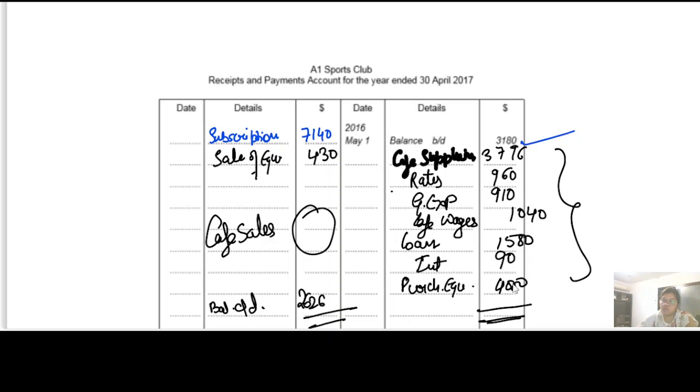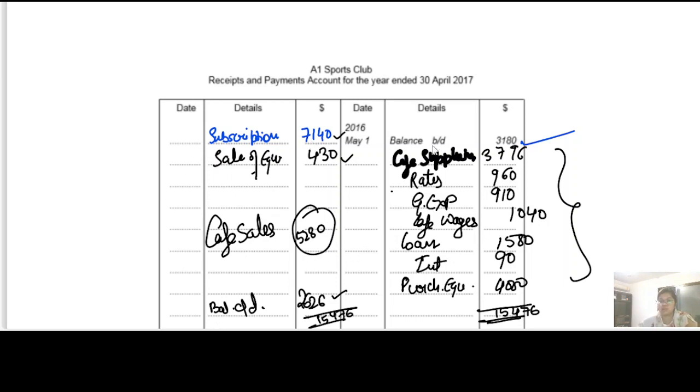After adding this side, we'll get 15476, and out of this value we have to deduct 2626, 430, and 7140. Then our cafe sales is 5280.